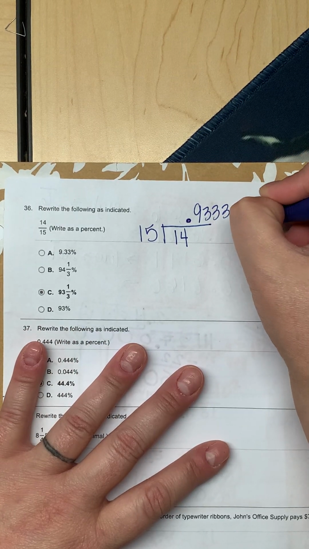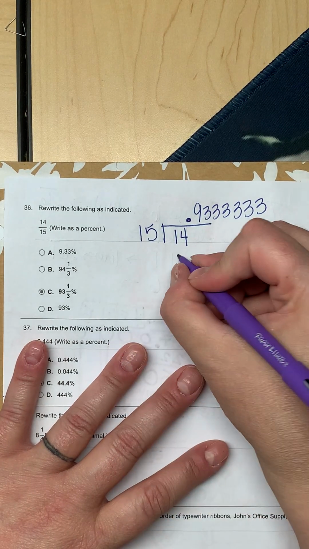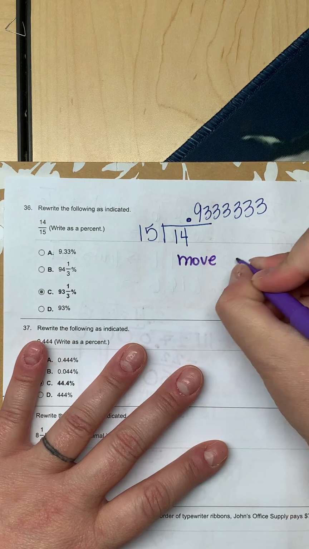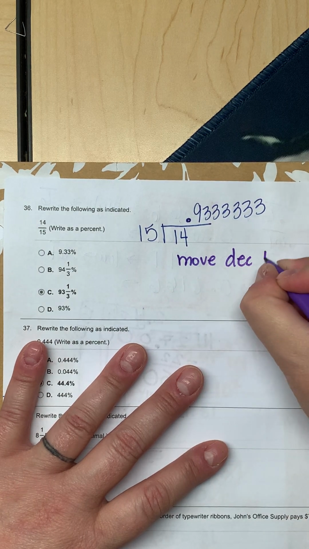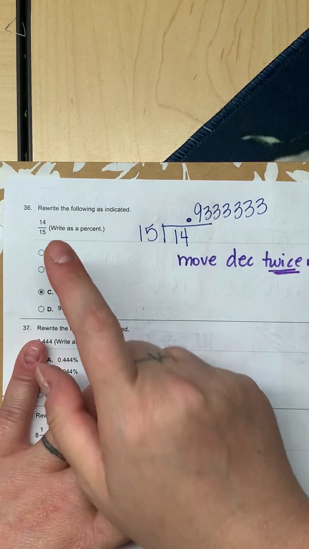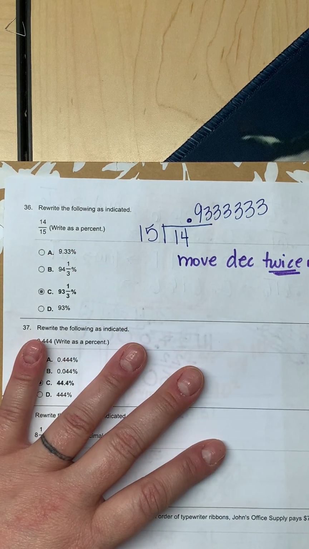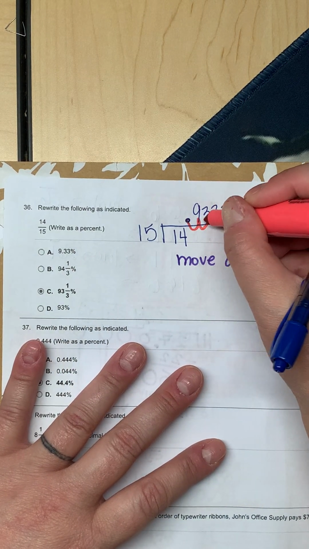But it says write it as a percent. To make it a percent, you move the decimal twice to the right. And it's always twice when you're talking about moving the decimal for the percent. Okay, so this makes twice to the right.